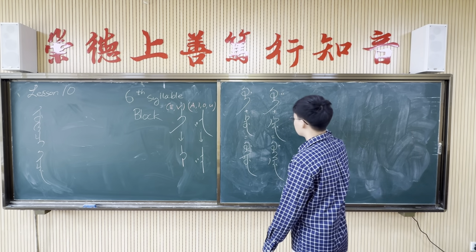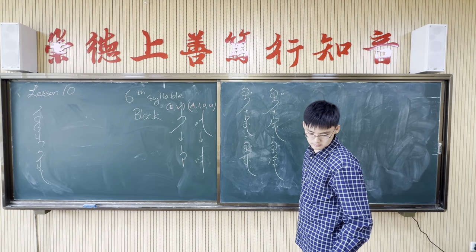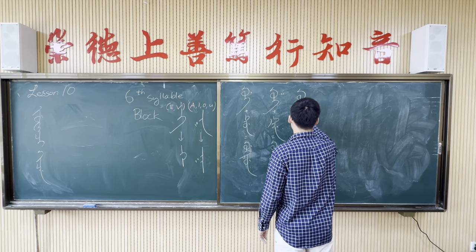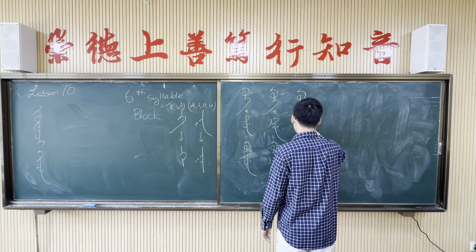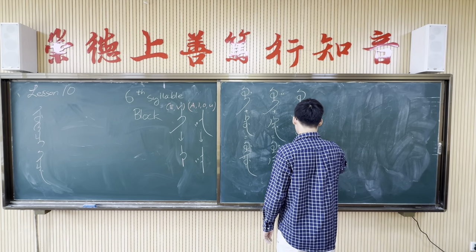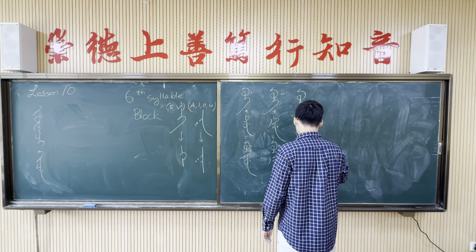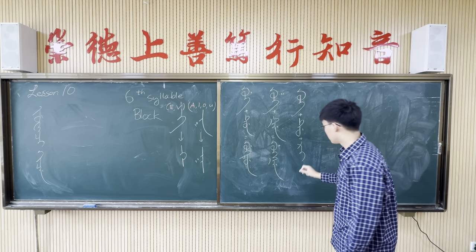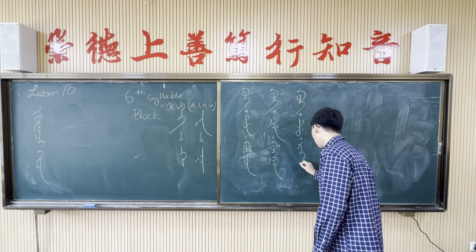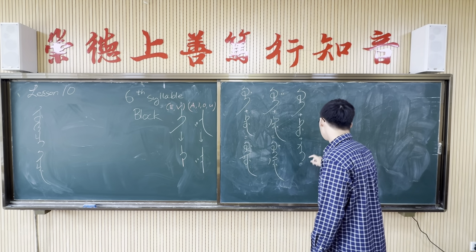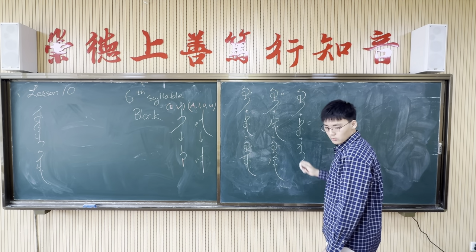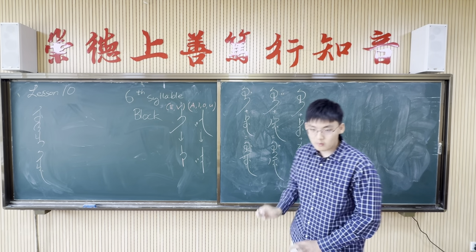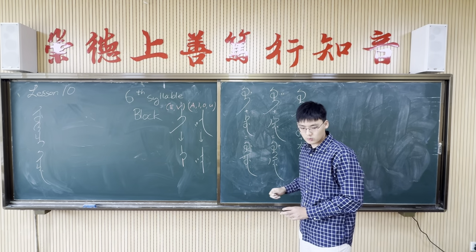Next we have 곡두리. Okay. I'm gonna write it at the side again. 곡두리 means boaster, or someone who loves to brag about themselves.